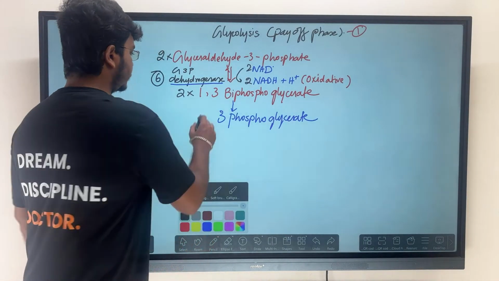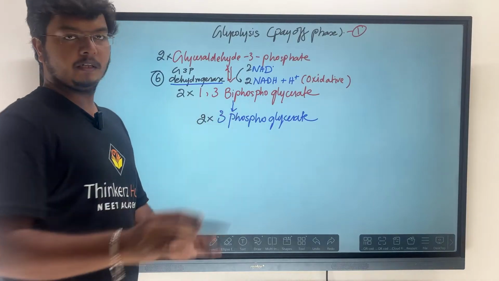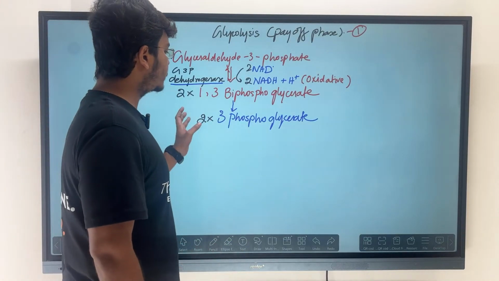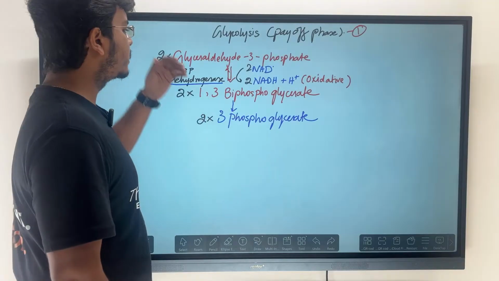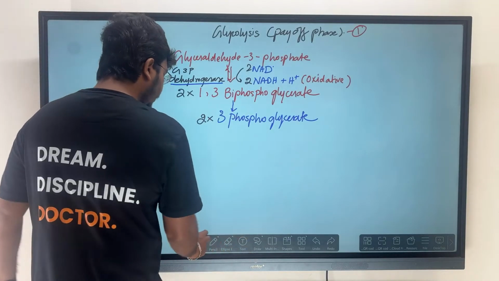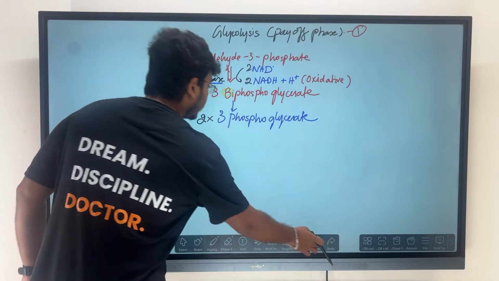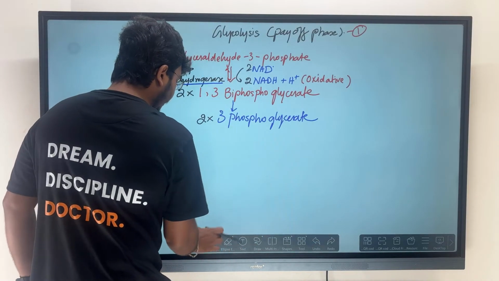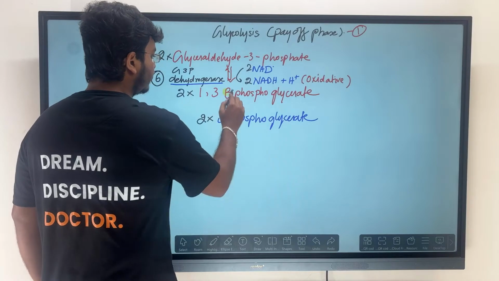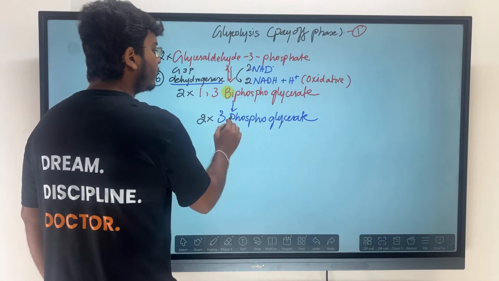Again, this is twice, so the molecule count stays the same. So what happens here? Initially, you can see here you have 2 phosphates, am I right? Biphosphate. But here we have only 1 phosphate.